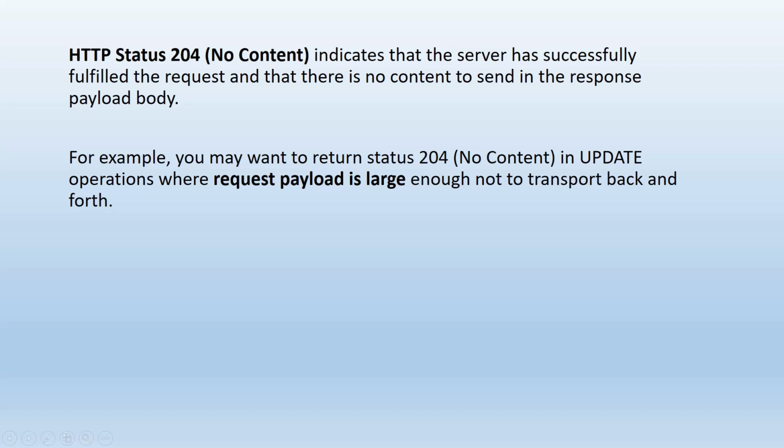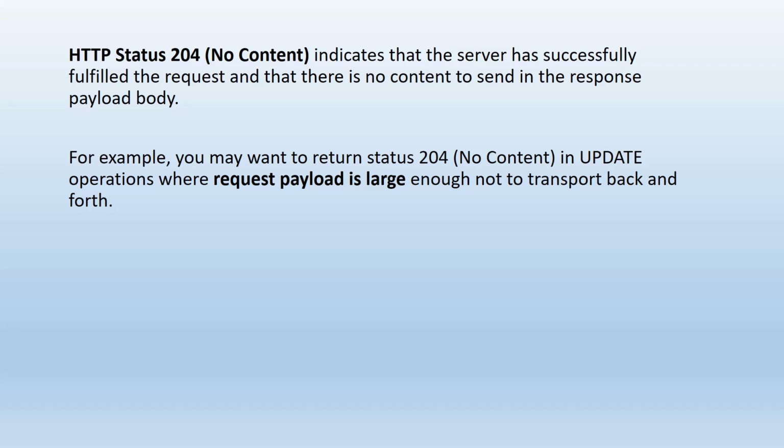We can also use this 204 in this case: suppose your request payload is very large, and you don't want to return that large payload in the response. In that case you can use this 204 status code.